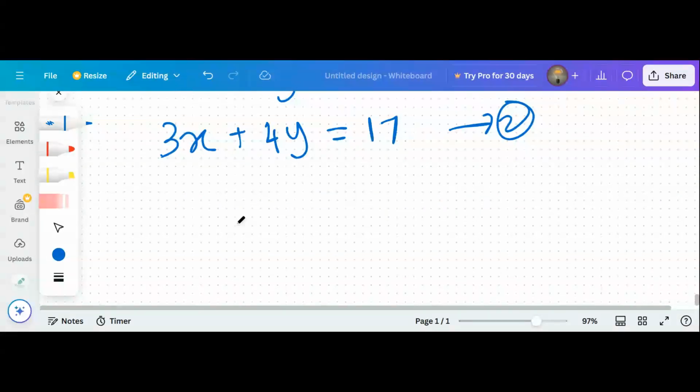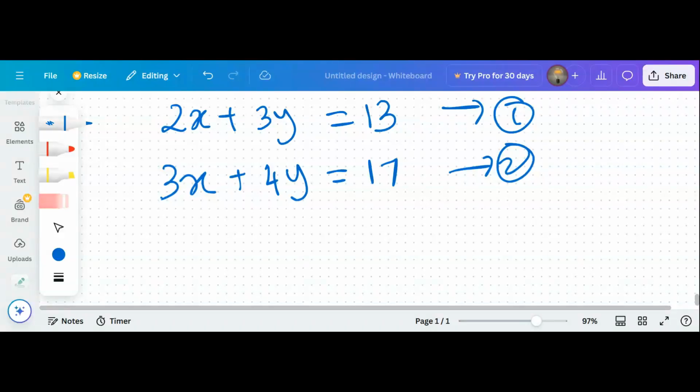So what is the other method? What we would do is take the first equation.